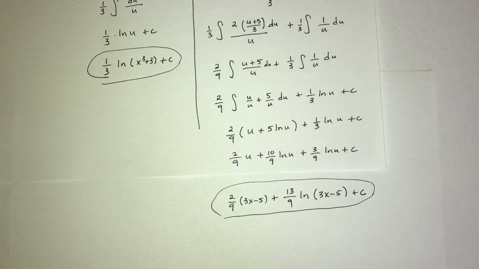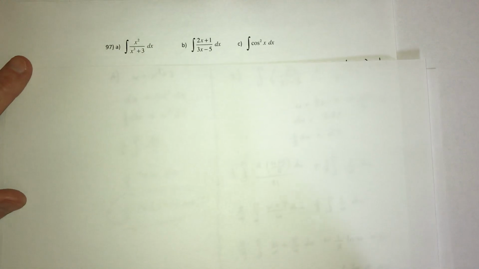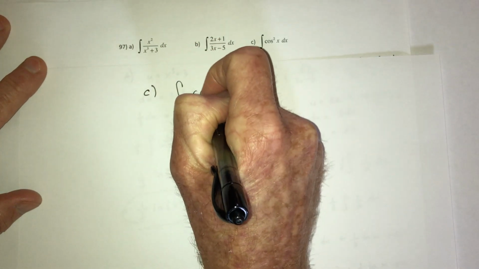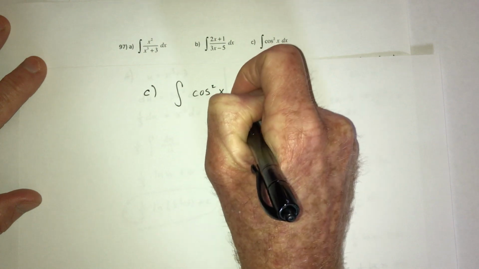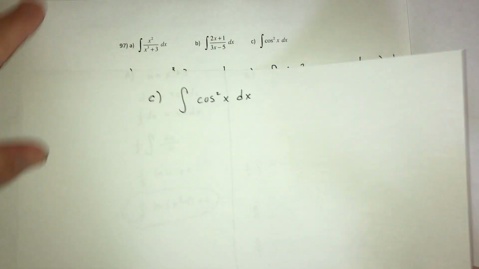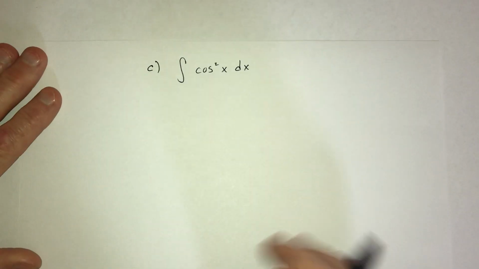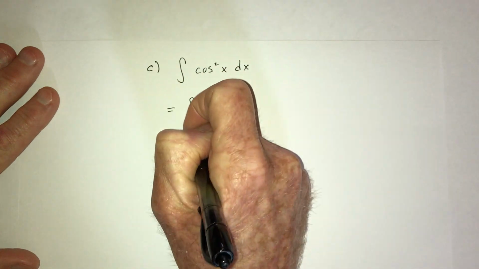All right, then for part C. So part C is integrate cosine squared, and for this we need a trig identity.